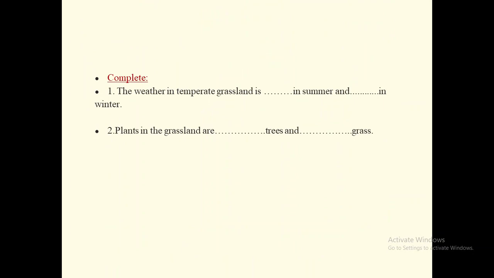Complete. Number 1, the temperature in grassland is blank. Excellent, warm in summer and cold in winter. Number 2, plants in grassland are blank.